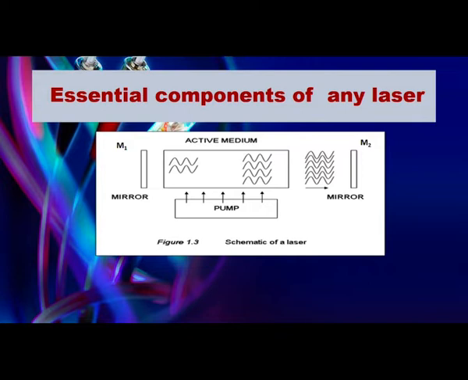M2 has a reflectivity of 100%, which means whatever light falls on this will be reflected back. Then these photons will go back into the medium, back into the discharge tube. Remember, all the time the discharge is going on, like a tube light, in the helium neon gas tube, and the light goes back.